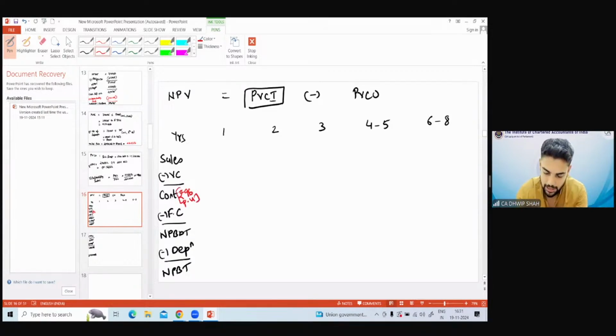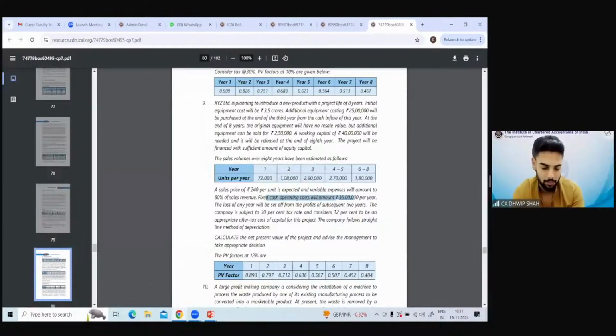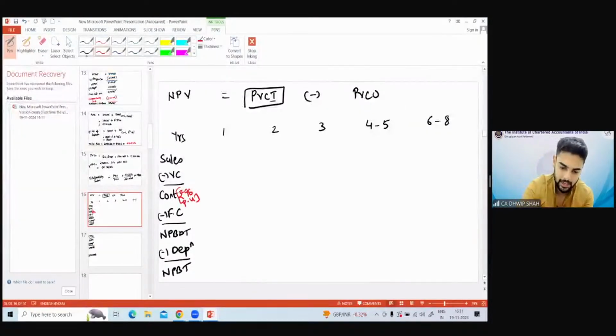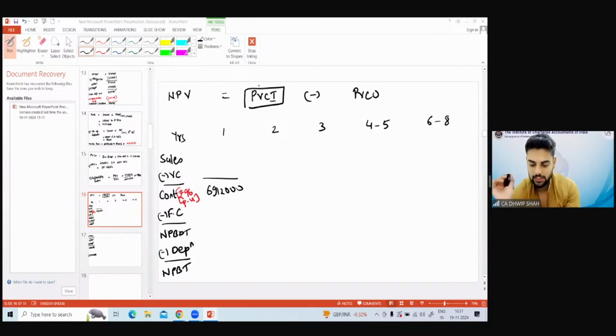You just multiply this 96 with yearly sales volume. So for year 1, it would be 96 into 72,000, which comes to 69 lakh 12,000. If you want to start from sales, then also you can start. But as of now, to save some time, we are starting from contribution.